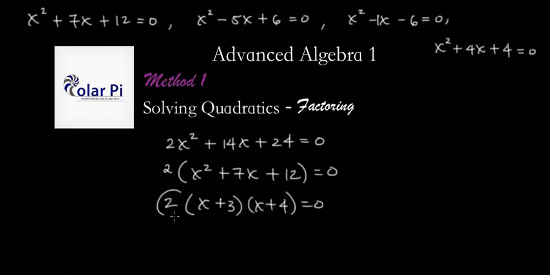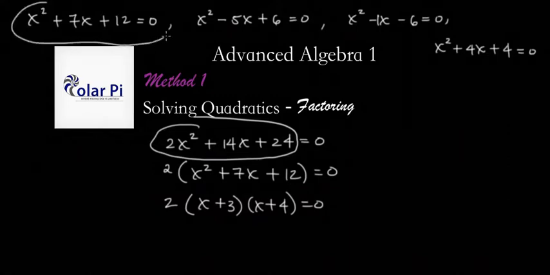So 2 cannot equal 0. And this will equal 0 and x is negative 3. And this will equal 0 and x is negative 4. So actually what we're saying is that this equation and this equation have the same zeros, or the same x-intercepts, or the same roots, and all three terms just mean x values that make the whole thing true, which is x values that make this quadratic 0, right?